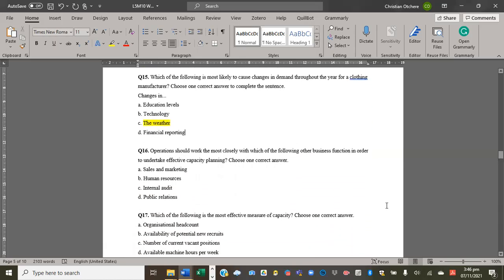Then question 16. Operations should work the most closely with which of the following other business function in order to undertake effective capacity planning? Sales and marketing, human resource. Sales and marketing. Yes, so operations, sales, and marketing. Okay. For sales and marketing.